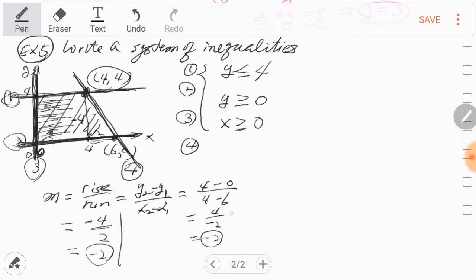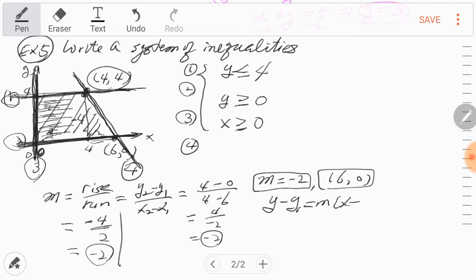Since we found the slope, we will use this slope and a point, and we can use (6, 0). We can use the slope intercept formula or the point slope formula. Let's use the point slope formula: y minus y1 equals m times x minus x1.